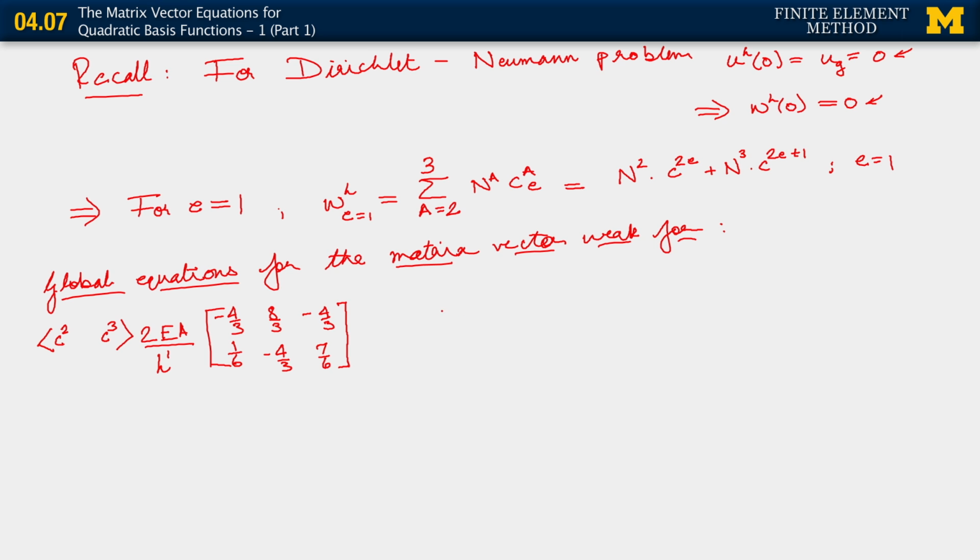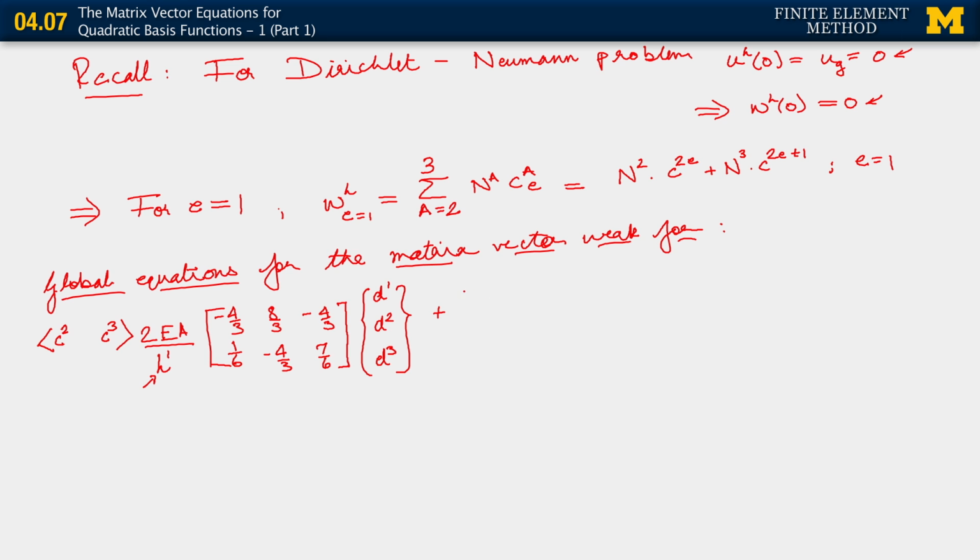Multiplying it here, however, is the full d vector for that element: d1 in terms of global node numbers, d2 and d3. That's all for element 1, and note that I've called that h1 for E equals 1.